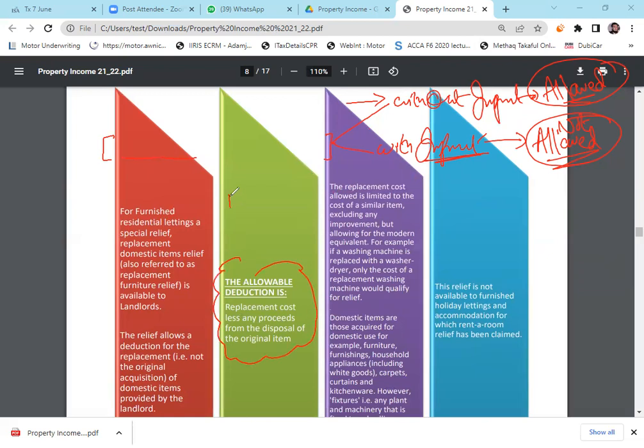Formula is replacement cost minus scrap value. Replacement cost will be given to you. You will take the replacement cost and deduct the scrap value from it. Then you will get an amount which is an allowed expense. This is replacement of asset relief. Any questions?